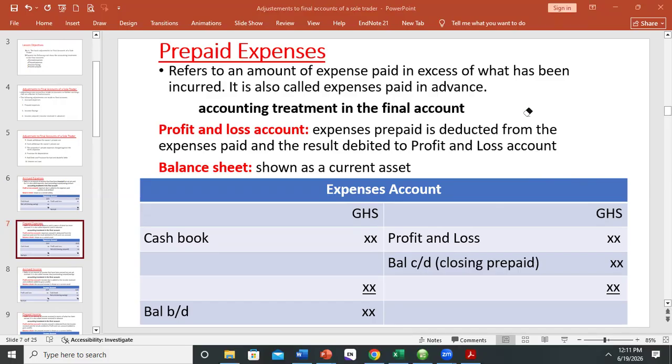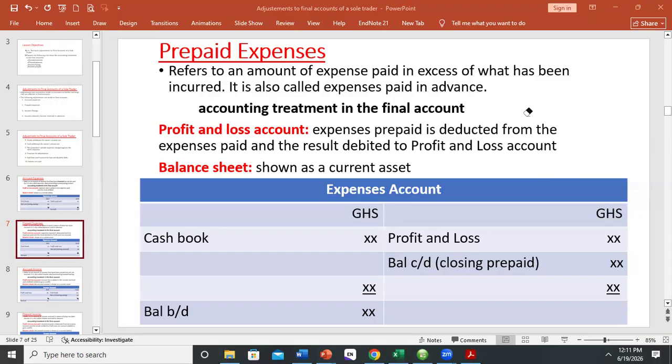The rent for the year is 1,000, and then you give the landlord 1,200. So what have you done? You have paid in excess of what the actual expense is. Again, like your school fees, the term you are supposed to pay 800 cedis, but you go and pay 1,500. What have you done? You have paid your school fees in advance.